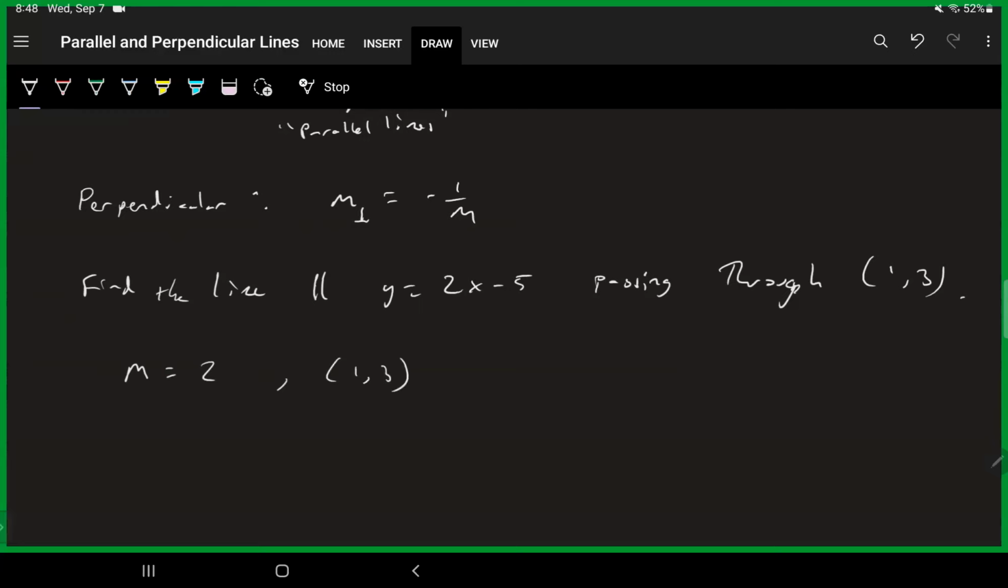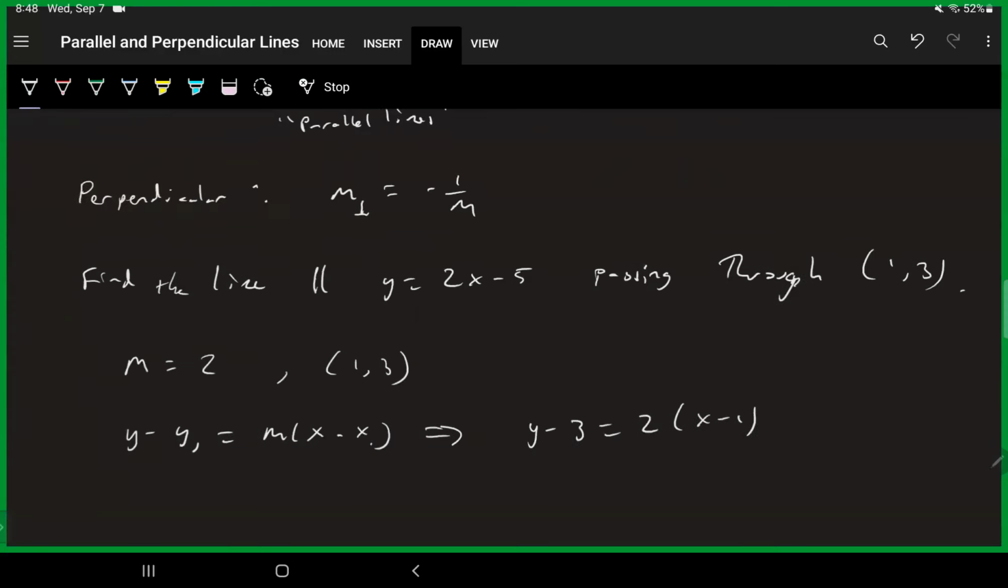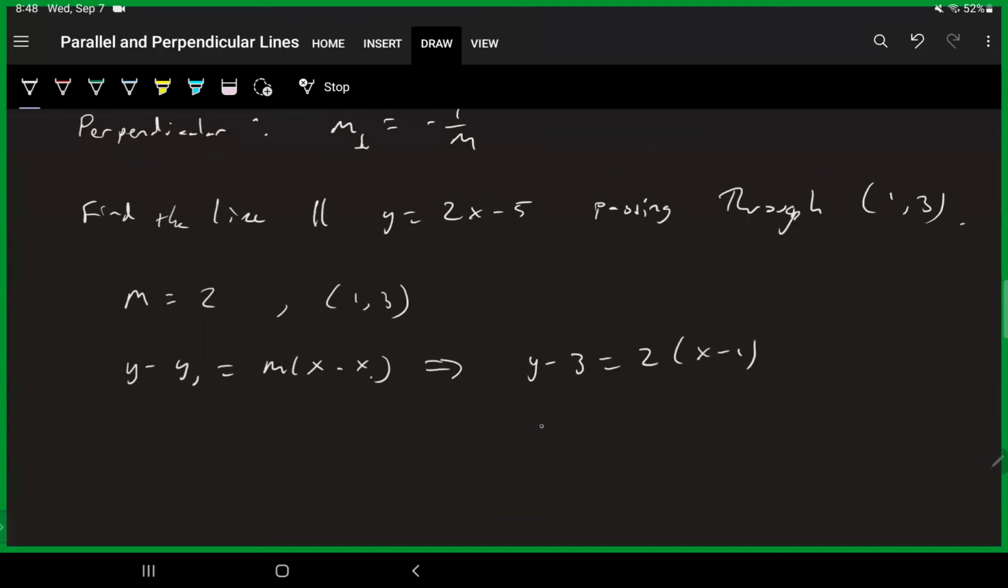So I have a slope and I have a point, which means y minus y1 is m times x minus x1 is going to be our friend. And if we plug things in accordingly, I get y minus 3 is 2 times x minus 1. And I get y minus 3 is 2x minus 2.